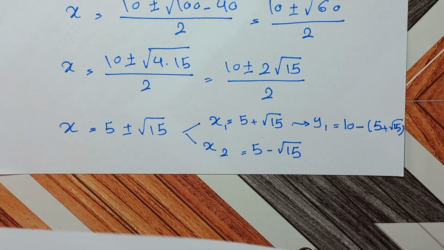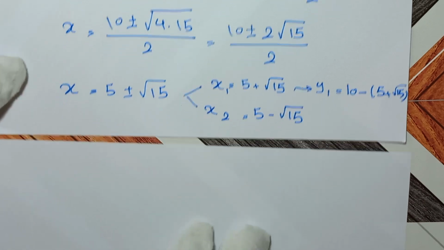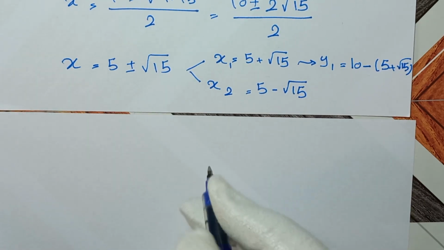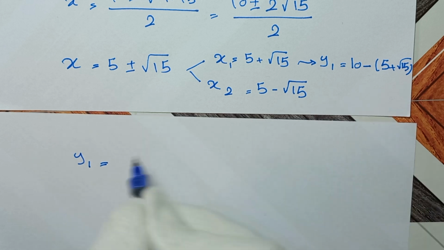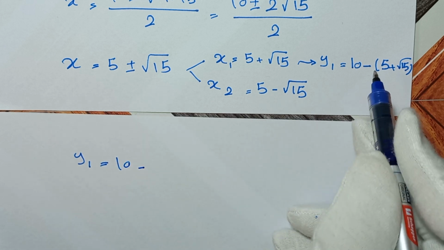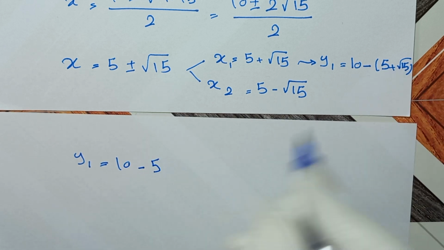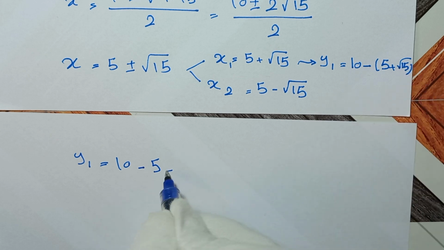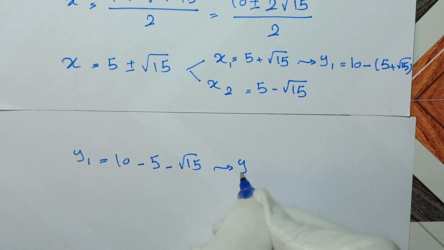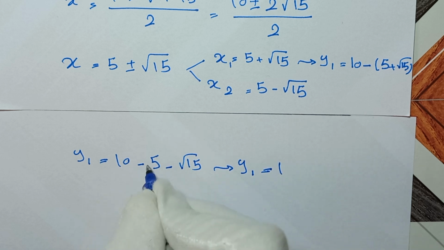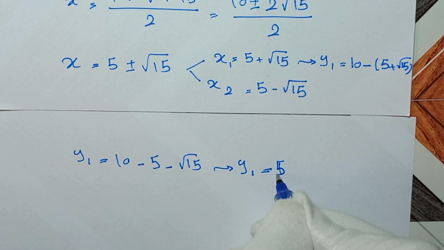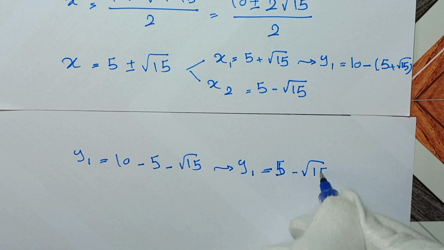So, in here, y1 is 10 minus 5, and negative times square root of 15 should be negative square root of 15, right? So from here, y1 is equal to 10 minus 5 is 5, 5 minus square root of 15.